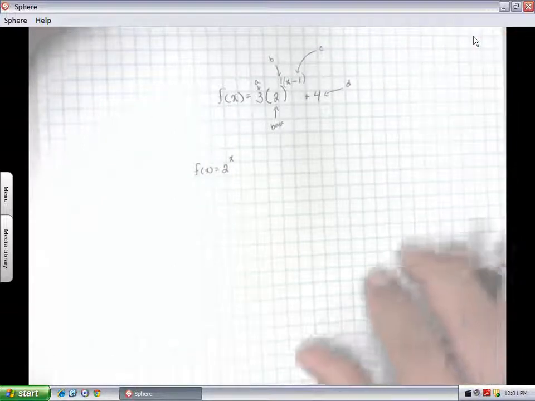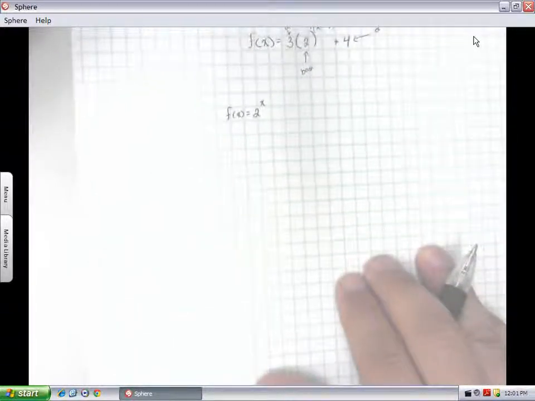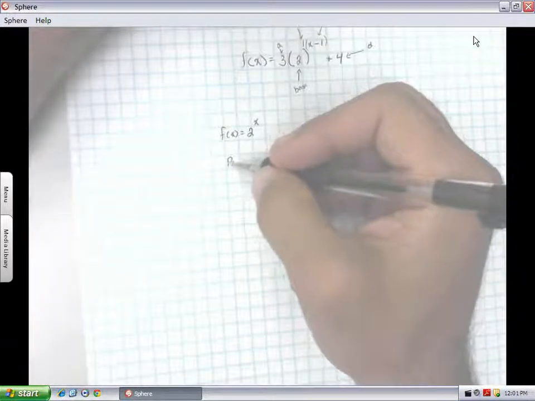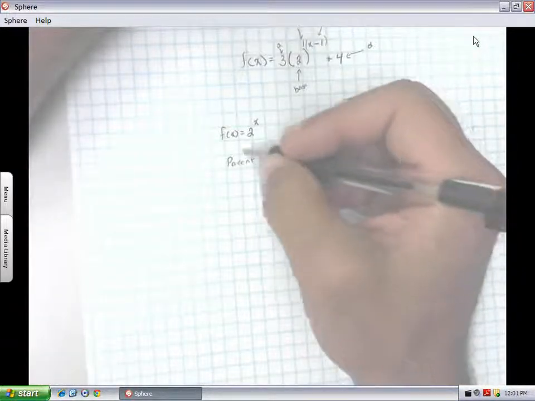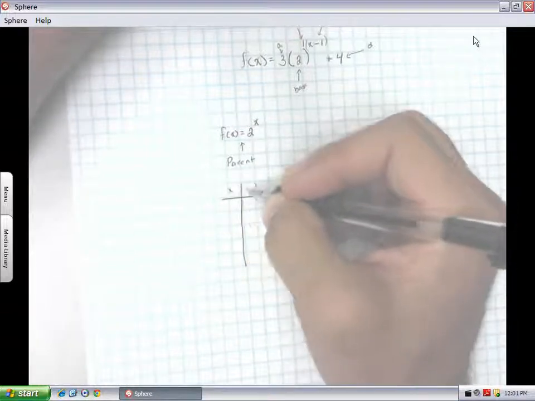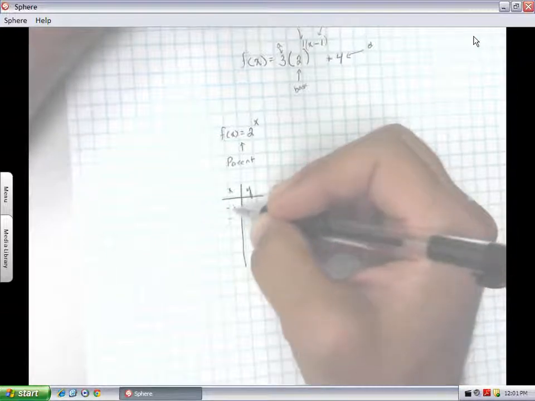Okay? So now using my transformation tables, I'm going to start with my parent table. So my parent table, based off of the parent function, I'm going to plug in the typical numbers, -2, -1, 0, 1, and 2 for x.